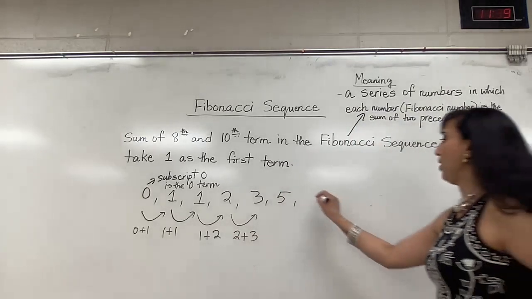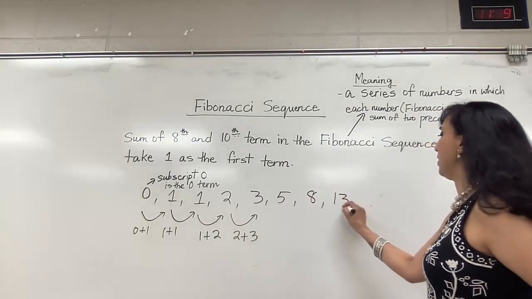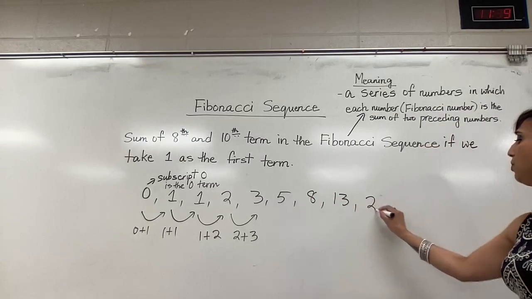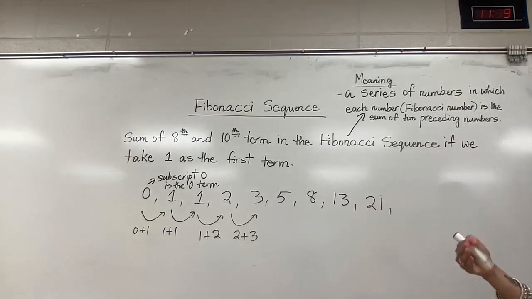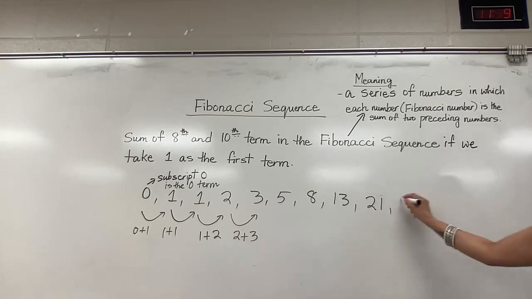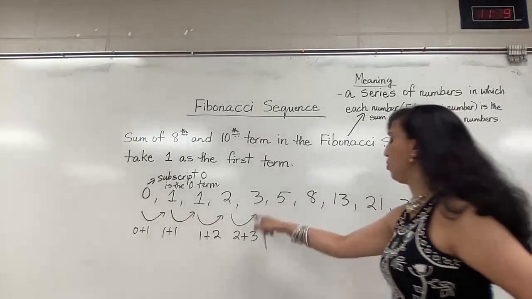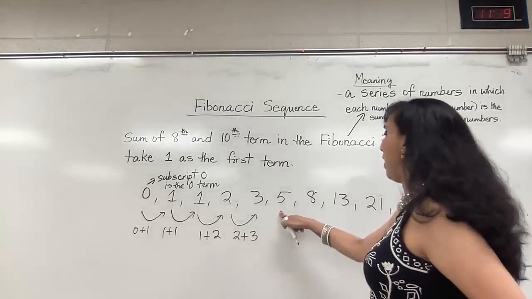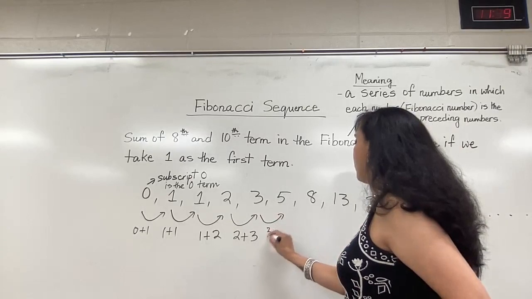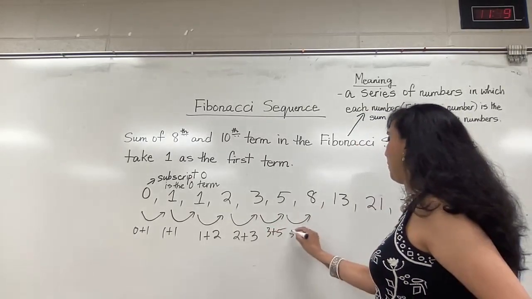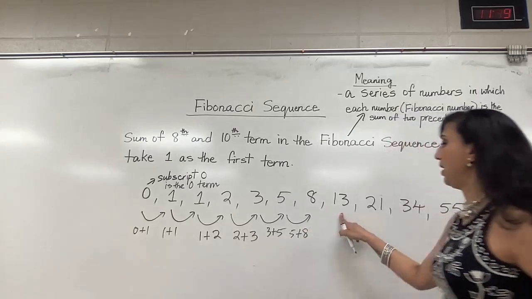All right, and we have 8, 13, then 21. I'm basically adding the two numbers before. We have 34, 55, and it carries on. Because 2 plus 3 gives me 5, 3 plus 5 gives me 8, 5 plus 8 gives me 13.